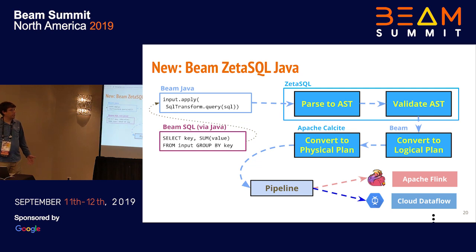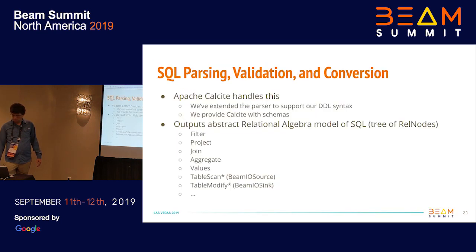That gets passed back into Calcite, which actually does the optimization and the physical plan the exact same way as it would if you used normal Beam SQL. So for the normal Beam SQL path of parsing and validation, Calcite handles basically all of this.